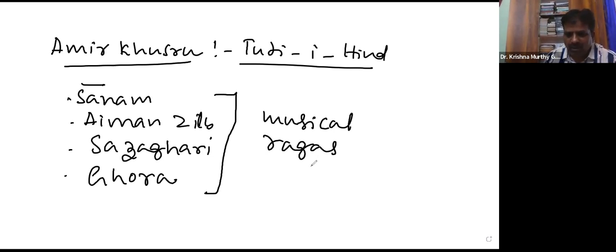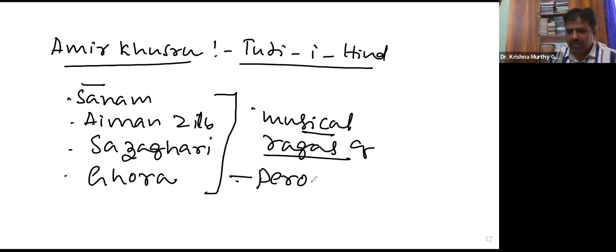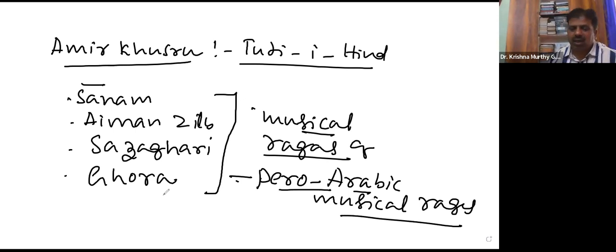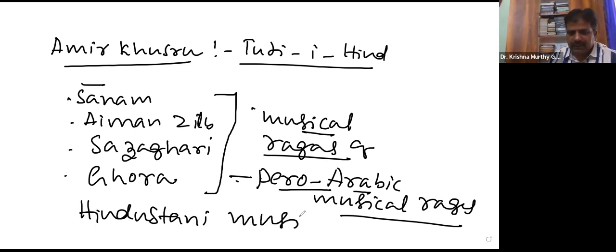Musical ragas of Amir Khusro. According to musicians, he composed more than 100 musical ragas, but we are focusing on just a few of them. These are later recognized as Perso-Arabic music. These Perso-Arabic musical ragas are the basis for the growth and development of Hindustani music.